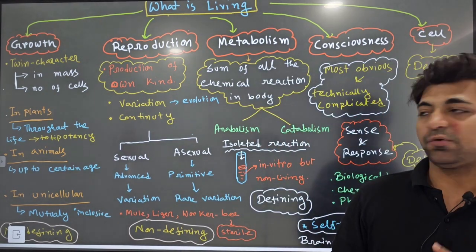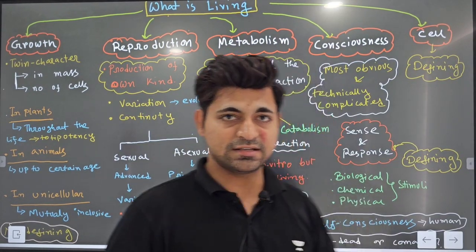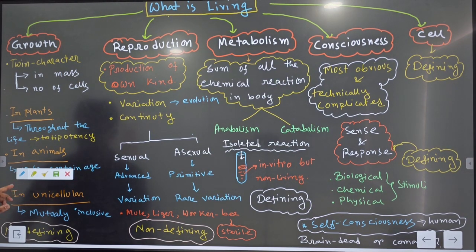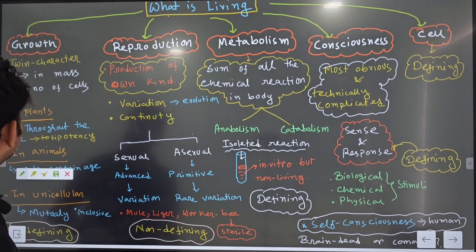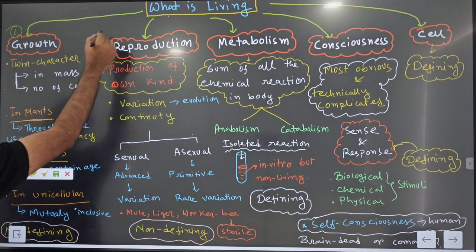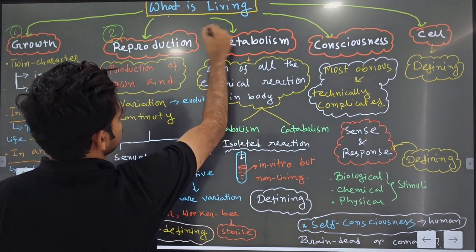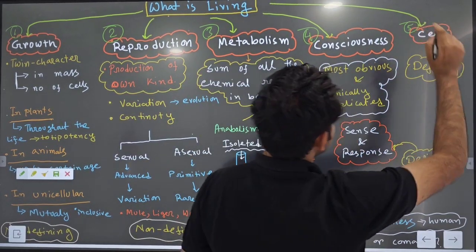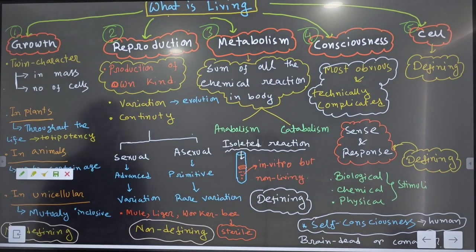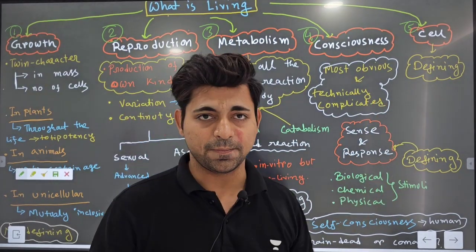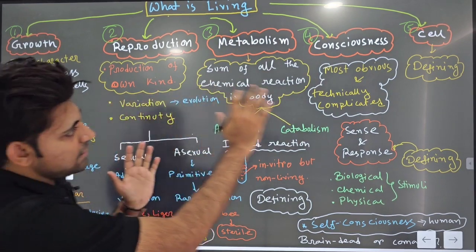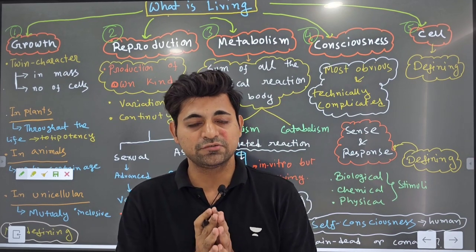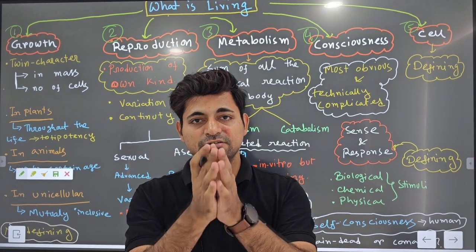In NCERT they have spoken about 5 characteristic features, and we will be detailing them: growth, reproduction, metabolism, consciousness, and cell and cellular organization, and the different levels of division related to the cell. We will be studying these 5 criteria and try to justify which is defining and which is non-defining.